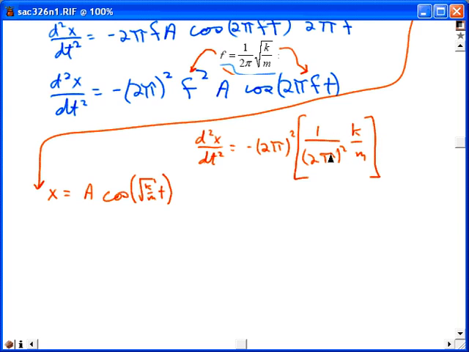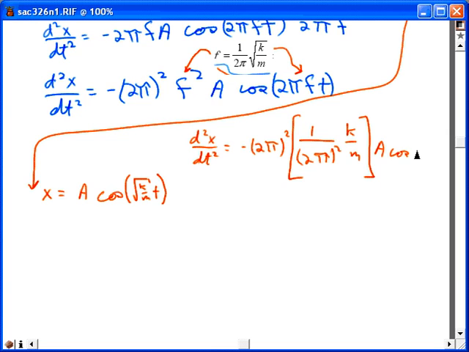That's f squared right there. And then I got the times a and the times the cosine of 2 pi times 1 over 2 pi times the square root of k over m. And then outside of that, I've got a t.